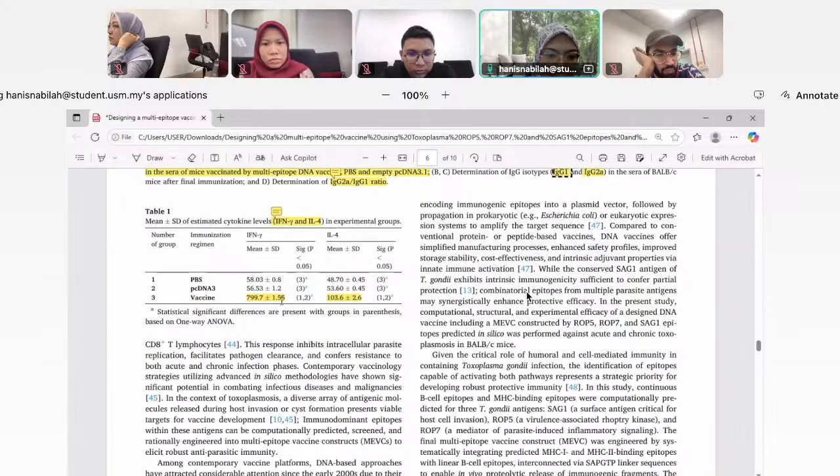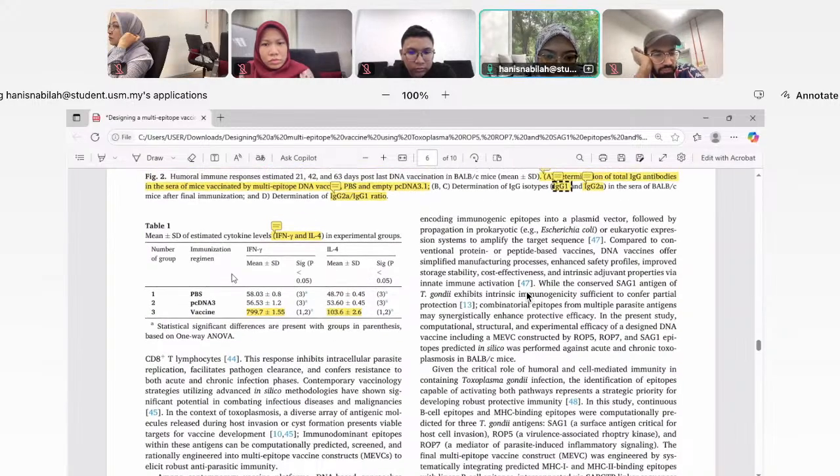In this one, they check for interferon gamma and interleukin 4. Interferon gamma is the cytokine for TH1, right now IgG2a, right? And interleukin 4 is the cytokine for TH2. Okay.